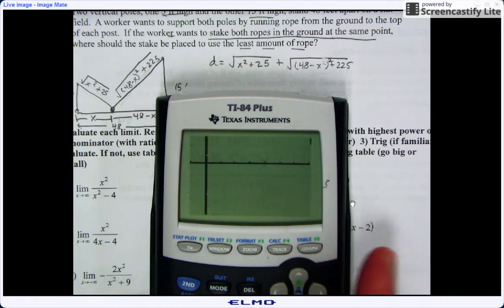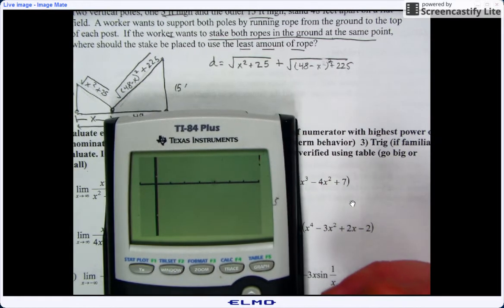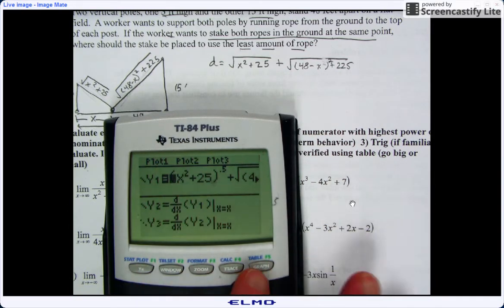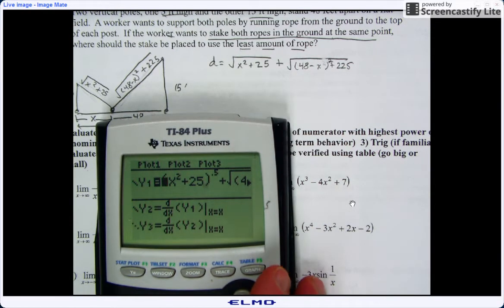Okay, so if I graph that, I still have my old window. I don't see anything anywhere. Okay, so I'm going to go back and make sure that, because I want to graph and see if I can find the max or min just by graphing and not even taking the derivative.